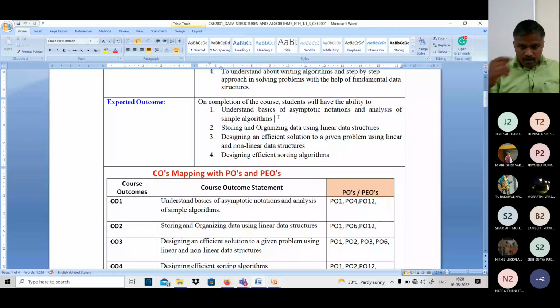Before that, there is one more thing, execution time complexity. Suppose I give the problem of matrix multiplication, 3 by 3 matrix, right? Some 10 students may write 10 lines of code for matrix multiplication.